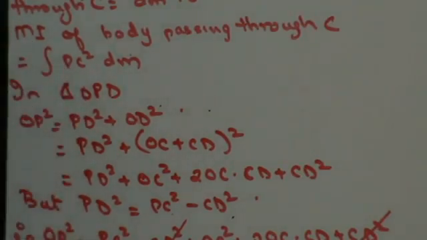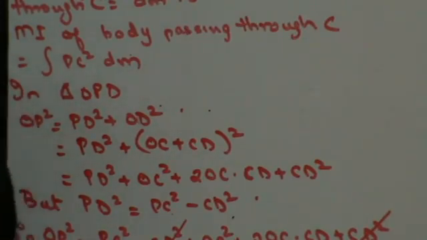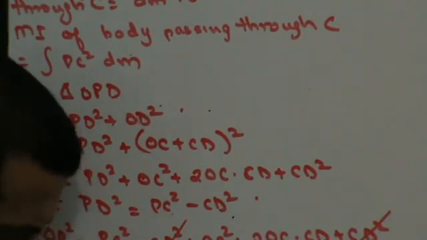Now OC we have said is R. OC is the distance between the axis of rotation and the center of mass, which will not change, so R is a constant.